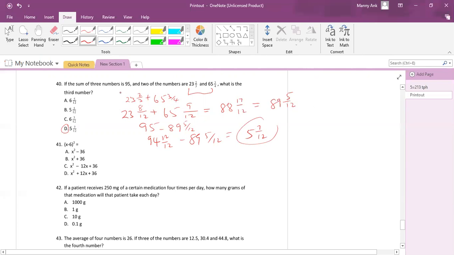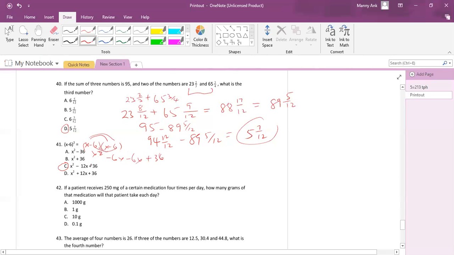Then 41, the answer is C. Remember that this is the same as doing x minus 6 times x minus 6. That's what that means. You're squaring. So you can distribute this times that, x squared, this times that, minus 6x, innermost, minus 6x, and then outermost, plus 36.